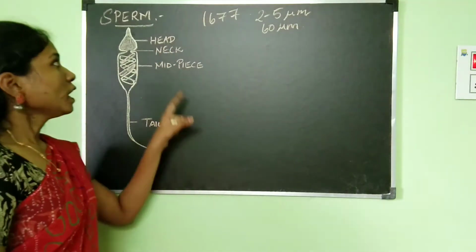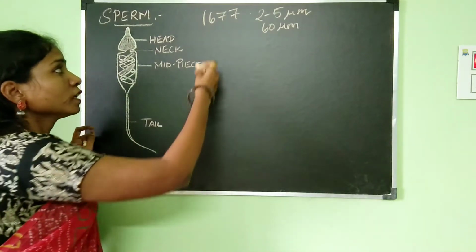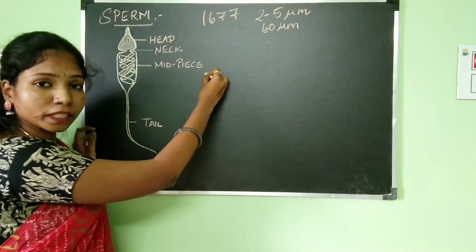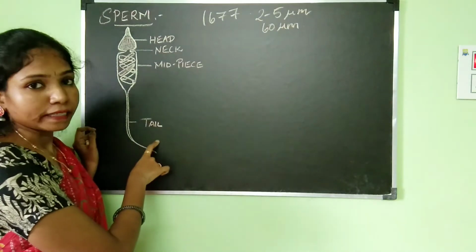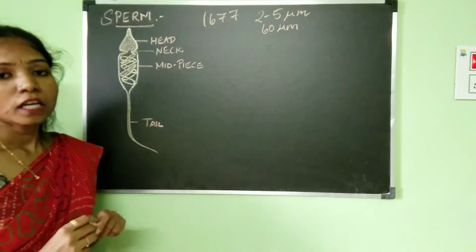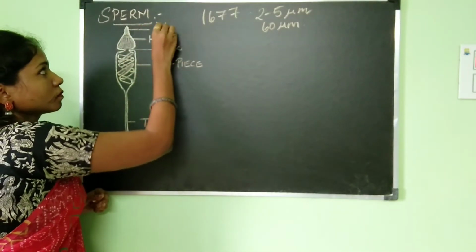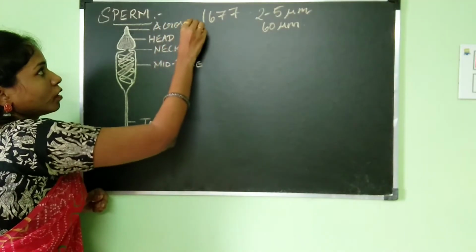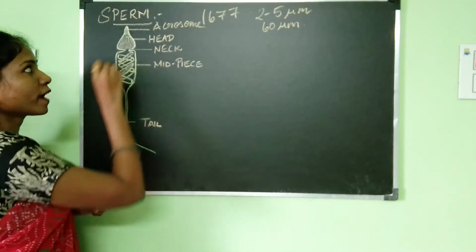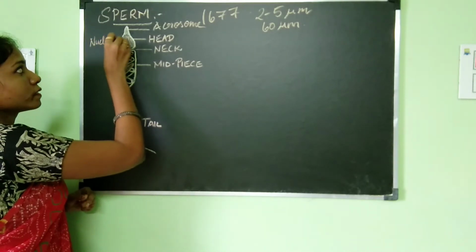Okay, so the entire sperm can be divided into 4 distinct regions: the head, neck, middle piece or the mid piece, and then the tail. First, let's see what is there inside the head. The head consists of the acrosome, and then it has also got the nucleus.